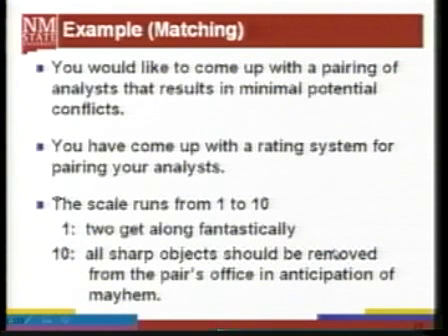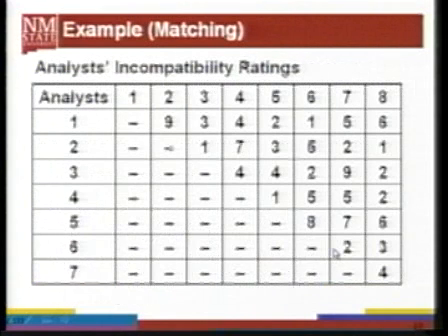The scale runs from 1 to 10, with 1 for the best case and 10 for the worst case. The ratings appear in this table, okay? So you have to decide how to pair the 8 different analysts.